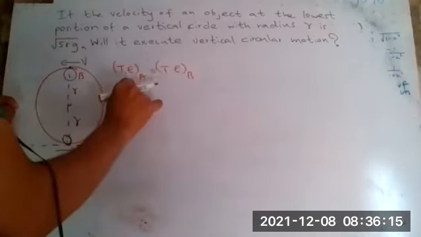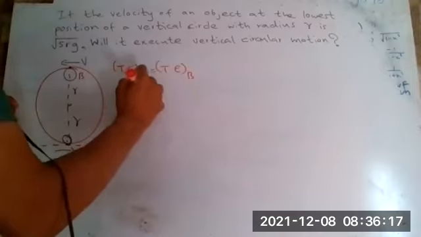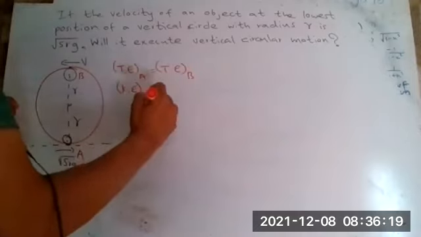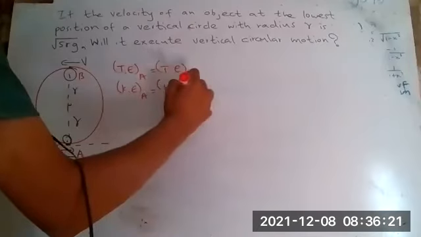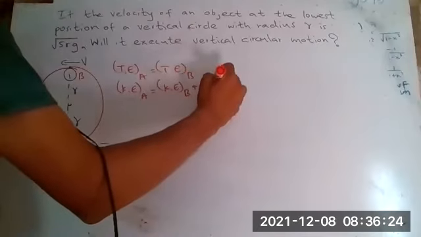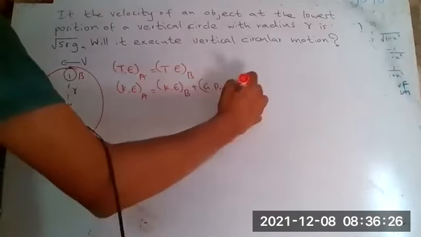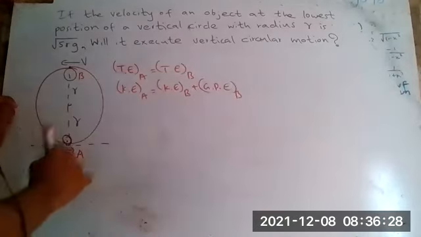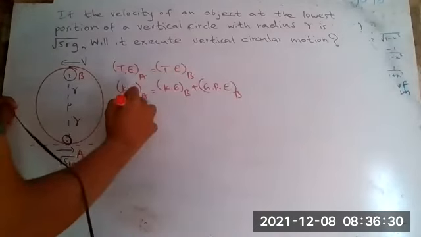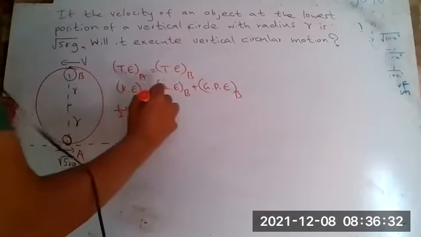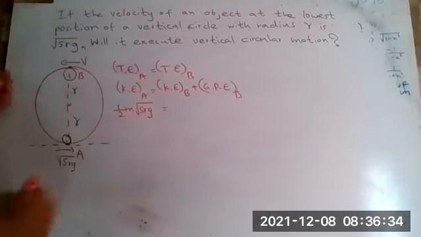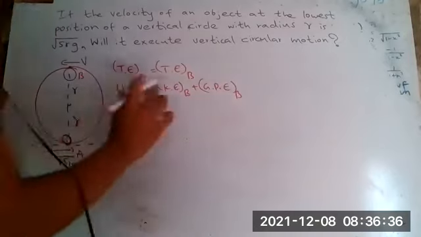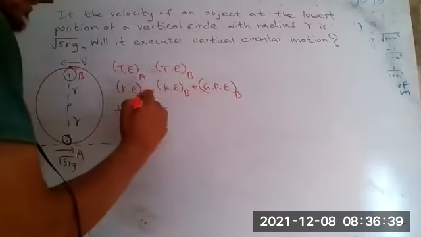Total energy at A is the kinetic energy. Kinetic energy at A equals kinetic energy at B plus gravitational potential energy at B. So kinetic energy at A is half m into root 5 rg squared, which is 5 rg.